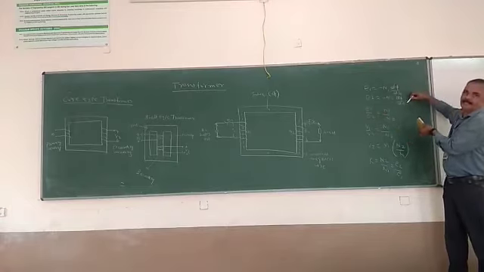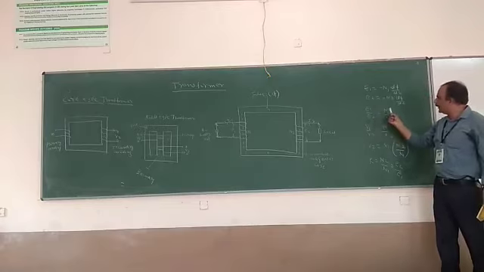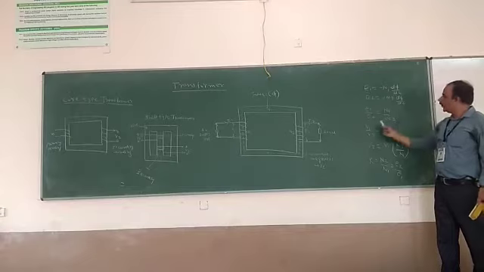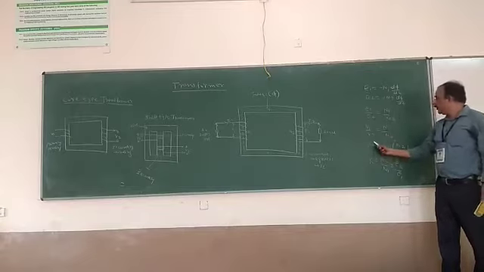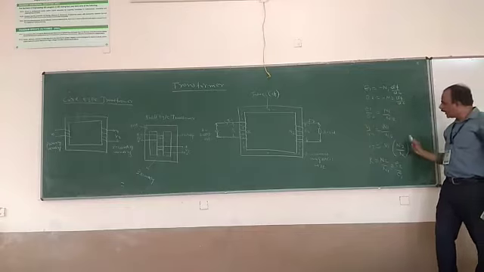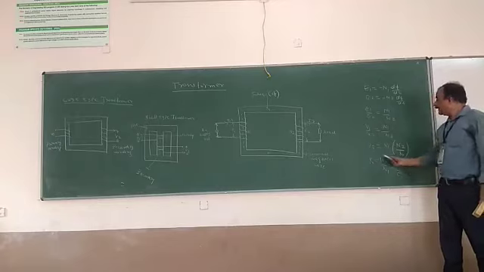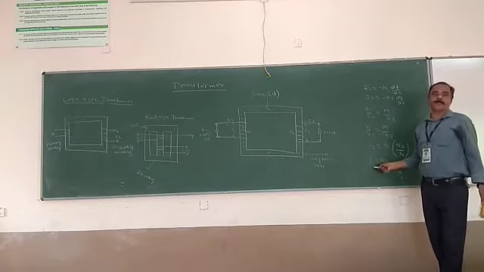So here we know that E1 by E2 equals N1 by N2. Then V1 by V2 equals N1 by N2. So V2 is V1 times N2 by N1. Now we can write K equals N2 by N1. K is the transformation ratio.